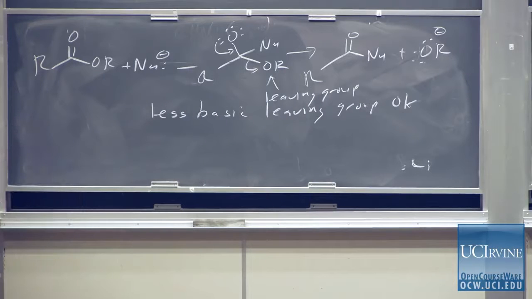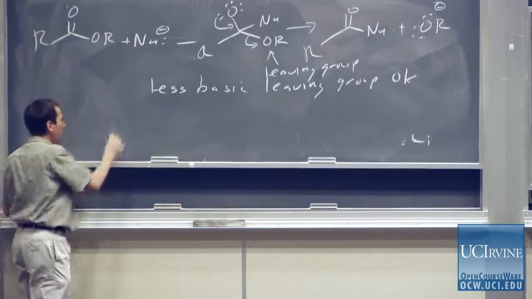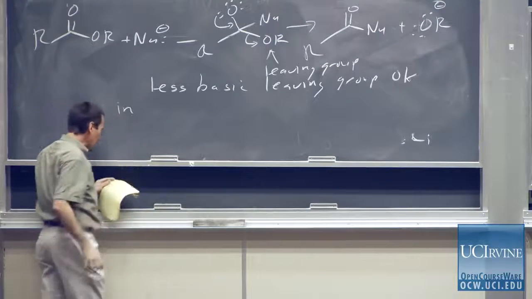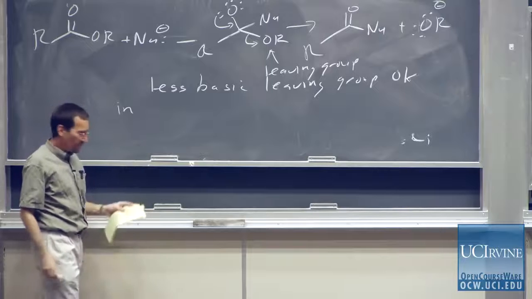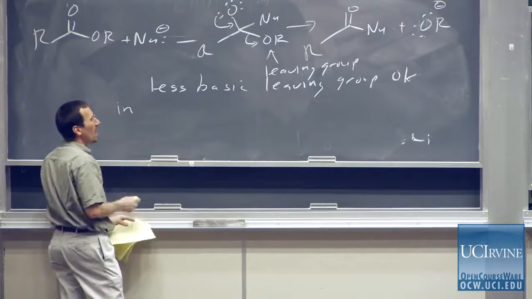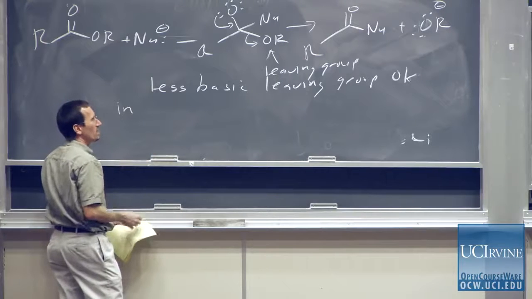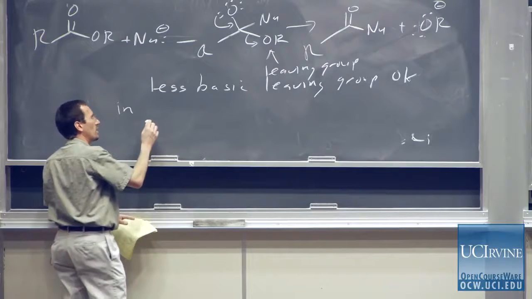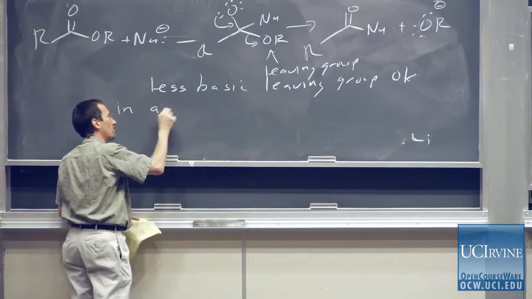So what I always like to think about here is in an SN2 displacement reaction, you've got to have a good leaving group. But in the case of this reaction, an addition-elimination reaction, a less basic leaving group is okay.